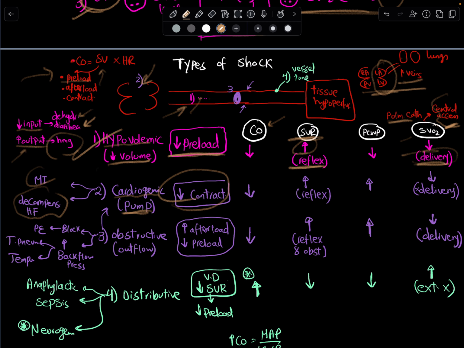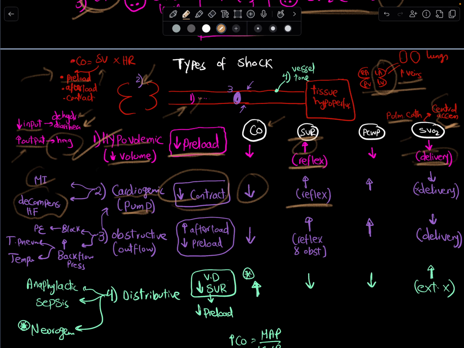So here you have decreased contractility, decreased stroke volume, decreased cardiac output, right? What happens when you have a decrease in the cardiac output? There's some compensation from the sympathetic system, which causes an increase in the systemic vascular resistance, as a reflex.